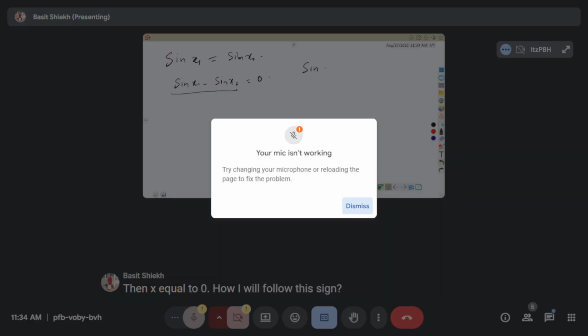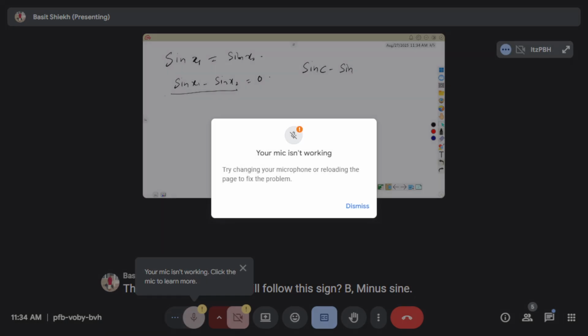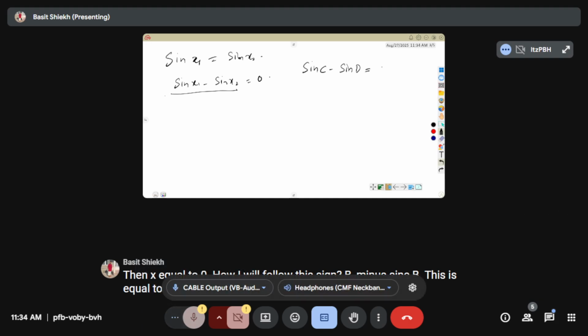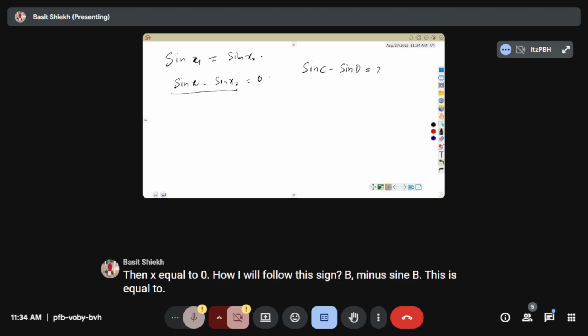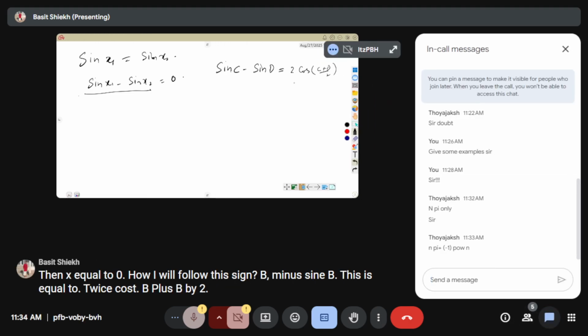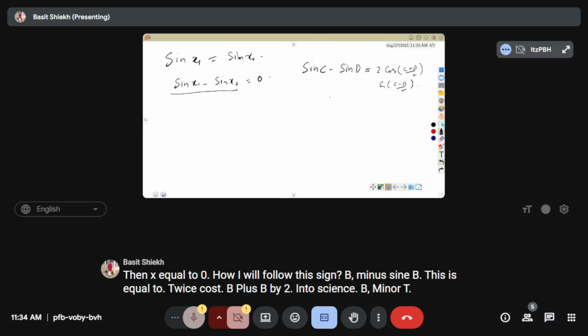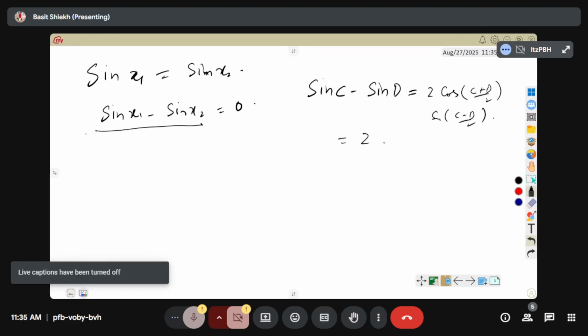Sin c minus sin d is equal to 2 cos of (c plus d) by 2 into sin of (c minus d) by 2. Then it will become twice sin.